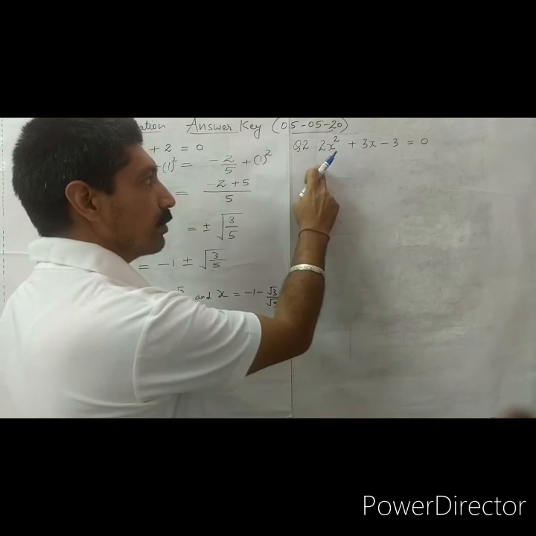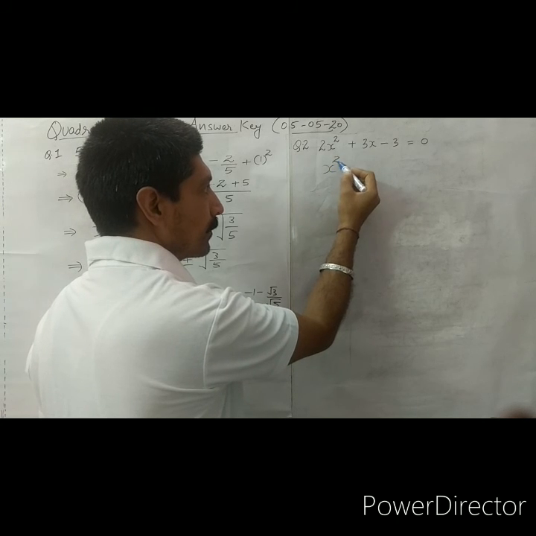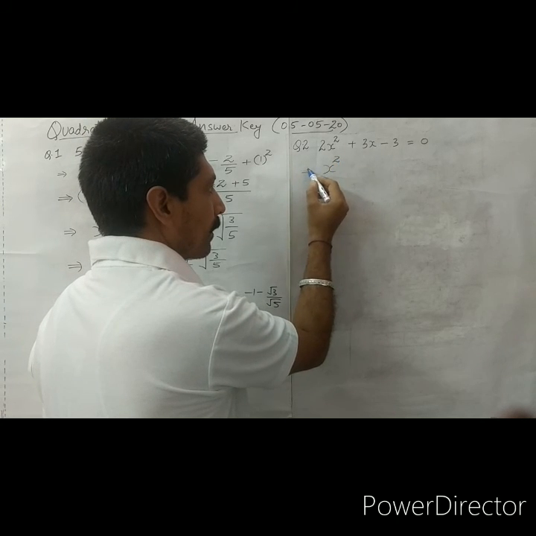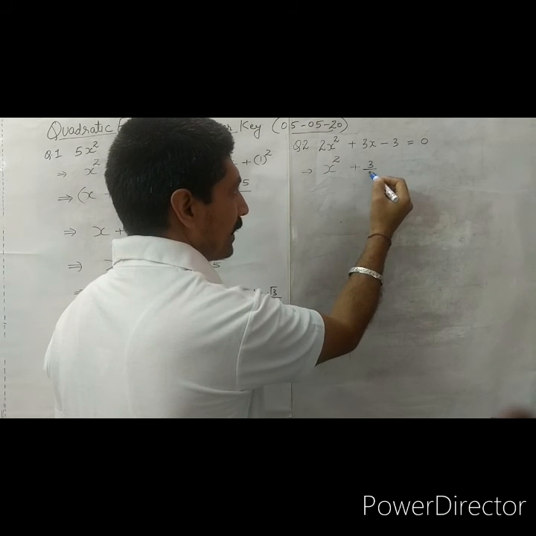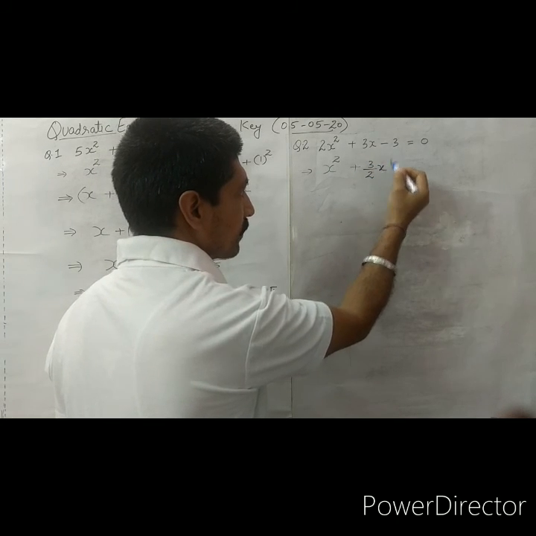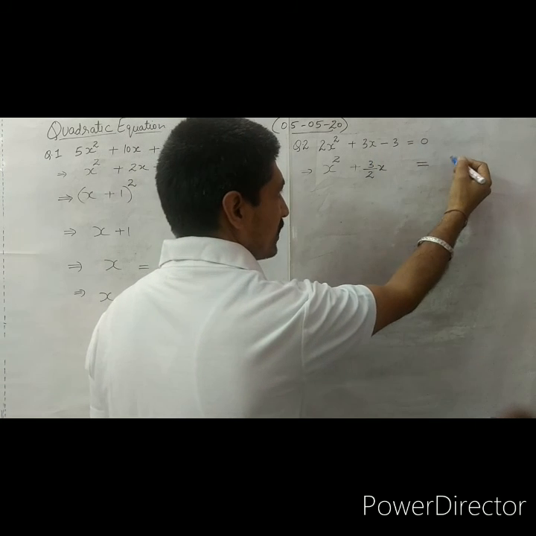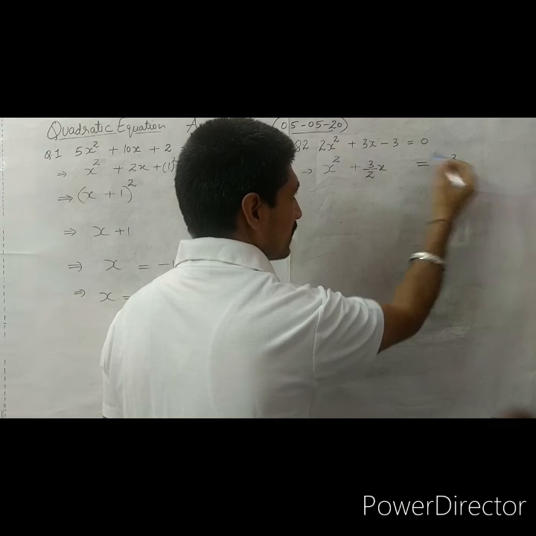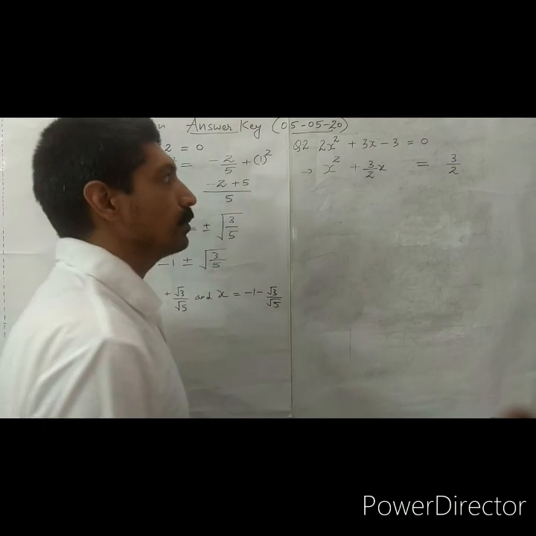If we divide the whole equation by 2, we get x square plus 3 by 2 x. This minus 3, if I change the sign, becomes positive, and divided by 2, it is 3 by 2.